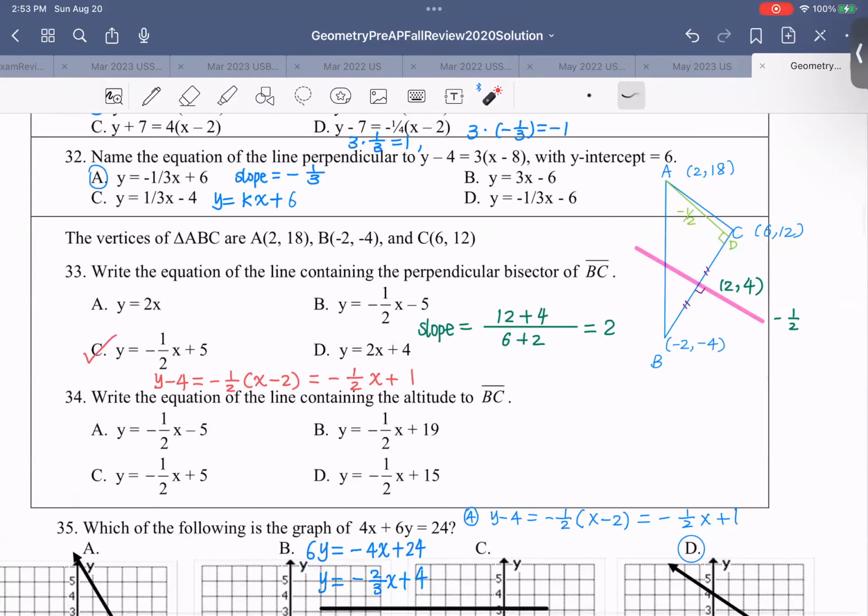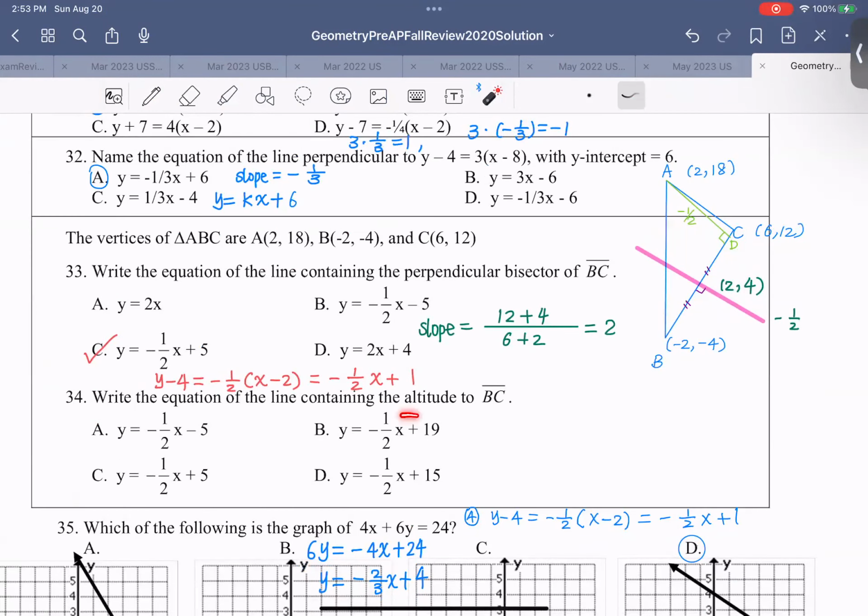You are looking for the line containing the altitude to BC. The altitude to BC means the opposite point is A, yeah? So you will draw a line from here perpendicular to this. So far, so good? This line's slope is 2.